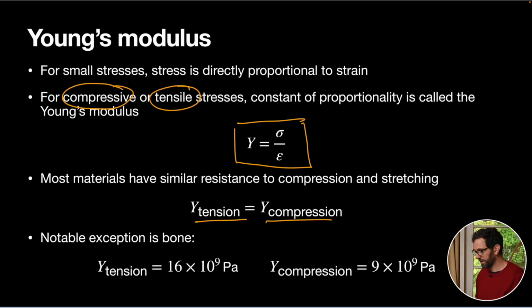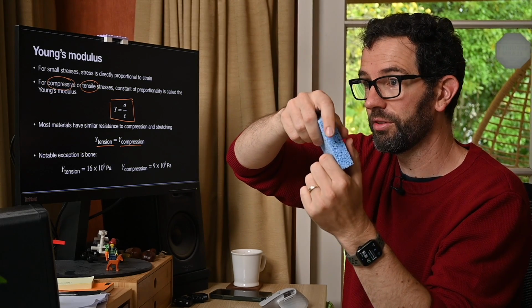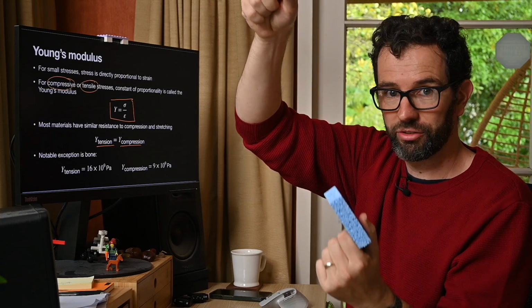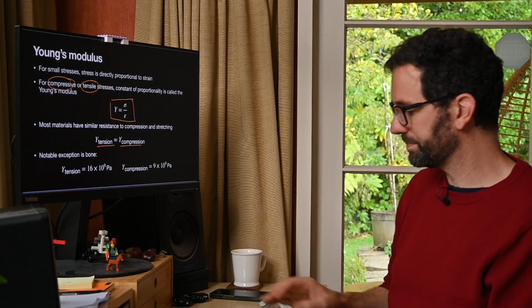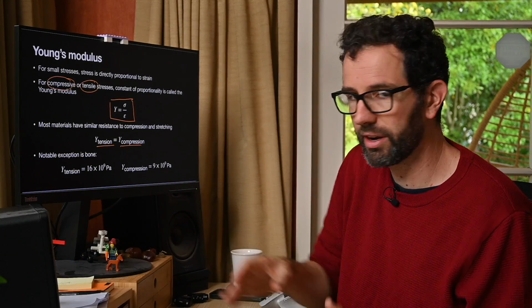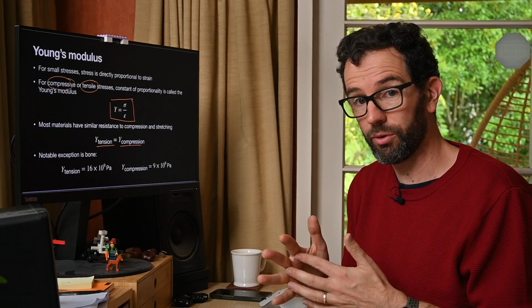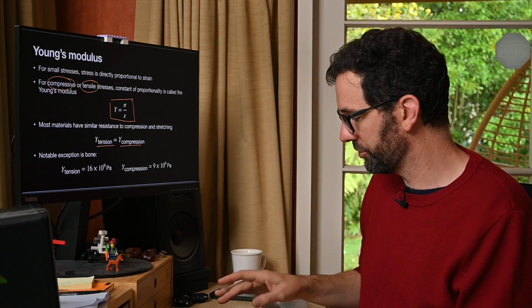Before we finish up, it's worth also mentioning a couple of non-ideal examples, because obviously if I keep pulling harder and harder, at some point this is not going to just stretch like a nice spring or rubber band, it's going to tear. So there's going to be some non-ideal properties going on here as well. And also we should relate this back to something that you might have done before, which is Hooke's law for springs.